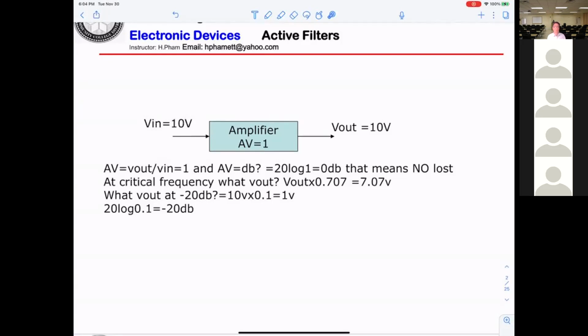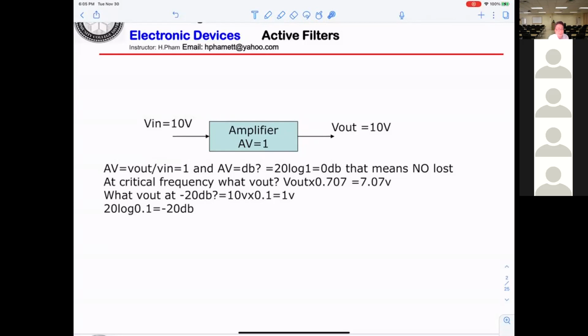So, Mr. Pham, for minus 20, minus 40, minus 60, we have to remember 0.1, 0.01, 0.001, and so forth and so on? Exactly. That's a memorization thing. Okay, thank you. The thing is, when they say minus 3 dB, how can we get the output from minus 3 dB?